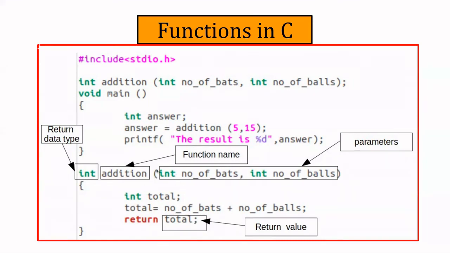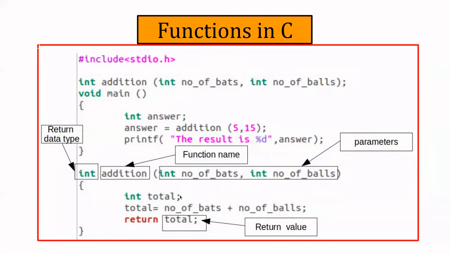This function adds two numbers. The first number is number of pets, which is also any variable. The data type of the variable is int, comma, and the second variable, number of balls, int. Then open bracket and close bracket.